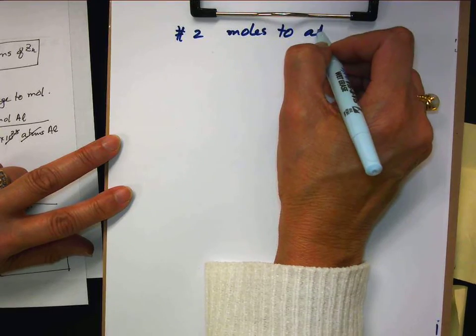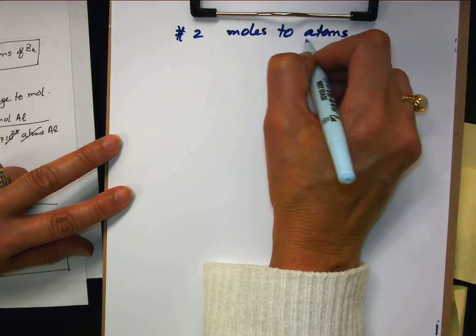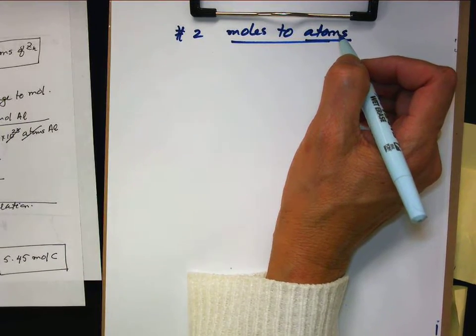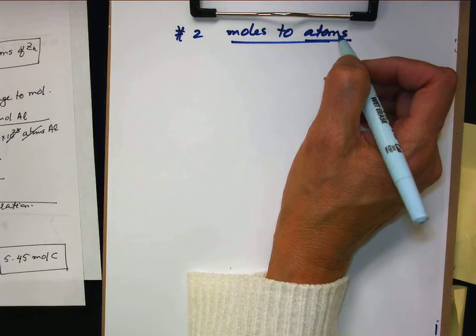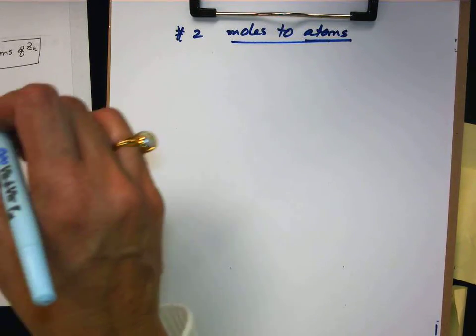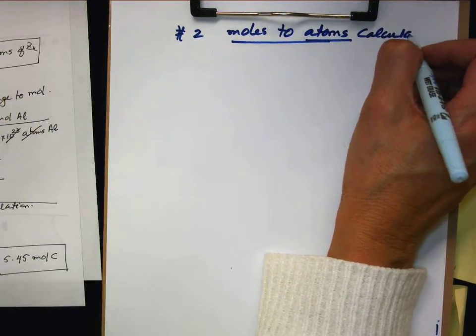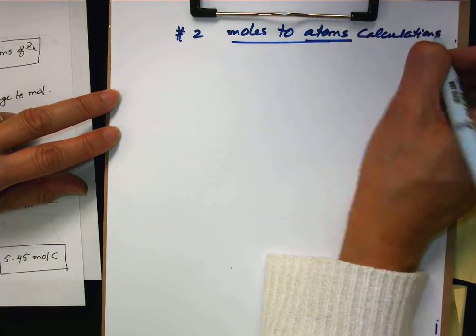So if you see an atom or atoms like this, you will know you will use Avogadro's number. So what is the calculation?